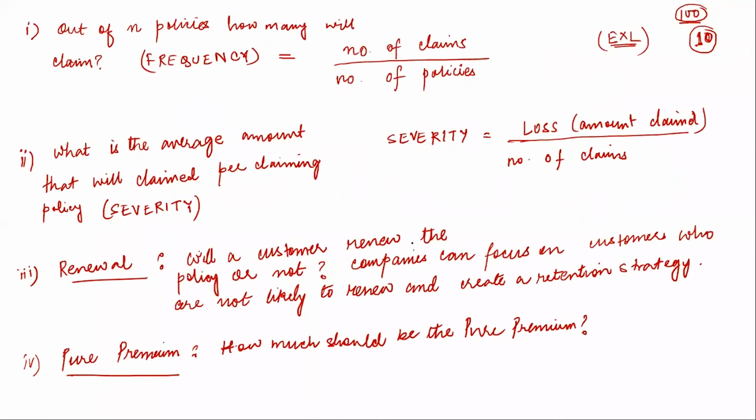Okay. So what is frequency? Frequency is that out of so many policies that you have, how many policies will result in a claim or how many claims will take place. Total number of claims divided by number of policies. That's the frequency of claim.